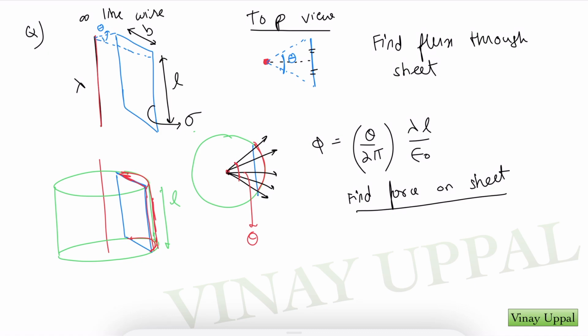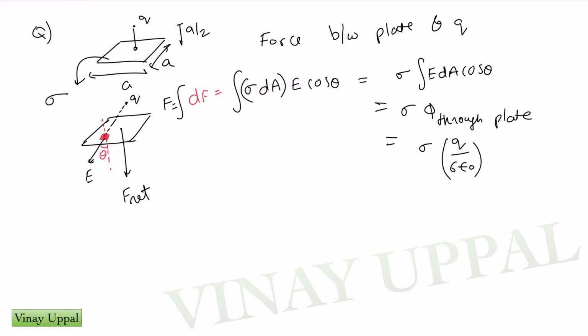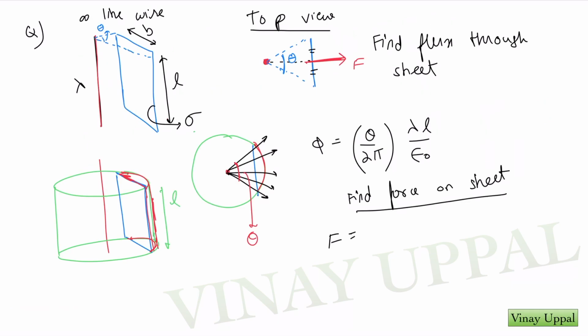Once again, it's very simple. The force by symmetry is going to be along the normal. So we'll do the same calculation that we did in the previous example, and we'll get the force like we got here: sigma times the flux through the sheet.